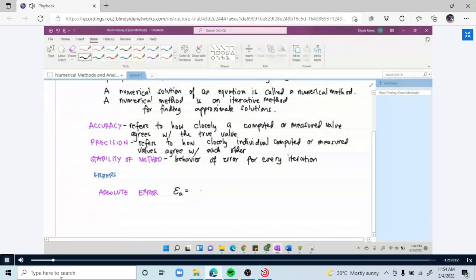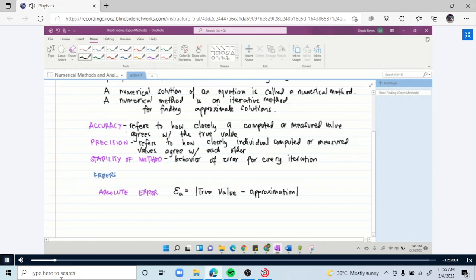No, this is equal to the absolute value of the true value minus the approximated or measured value. Okay, approximation. This should always be positive. That's why I enclose it with the absolute value symbol. Okay, true value minus approximation or measure.